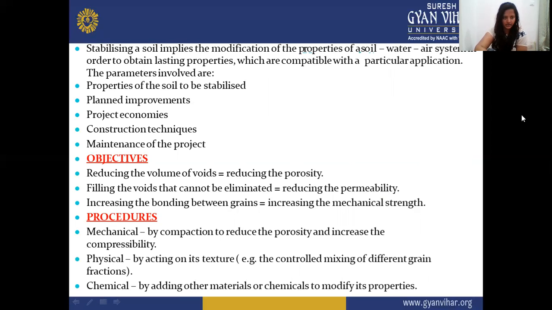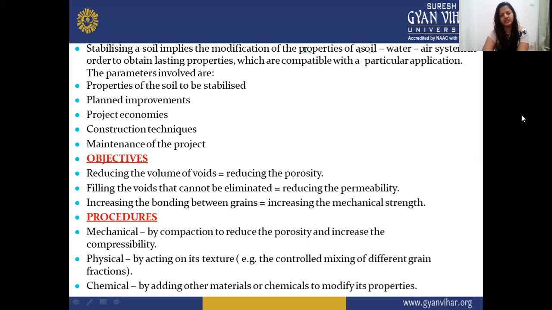The parameters involved are the properties of the soil to be stabilized, planned improvements, project economics, construction techniques, and maintenance of the project. So, while undertaking the stabilization process, we consider all the major scenarios to make sure that the end application can be fulfilled.